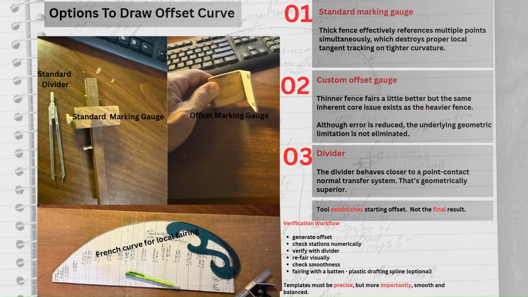Before CAD and all the software that was developed, that's how builders used to do it. You can get a plastic drafting spline; you can look it up online and use that to fair the curve. But for the purpose of what we're trying to accomplish here, that's overkill.